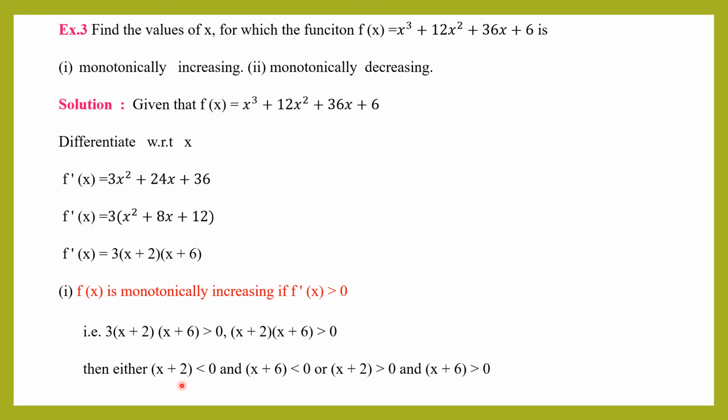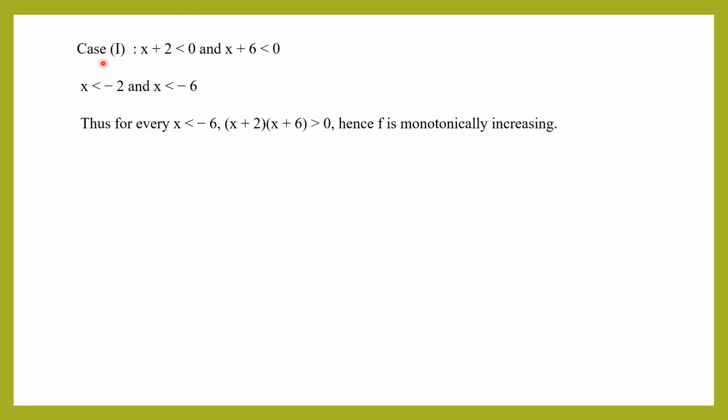Here is the first condition: x plus 2 less than 0 and x plus 6 less than 0, we take both negative, or x plus 2 greater than 0 and x plus 6 greater than 0, we take both positive. Case first, x plus 2 less than 0 and x plus 6 less than 0.